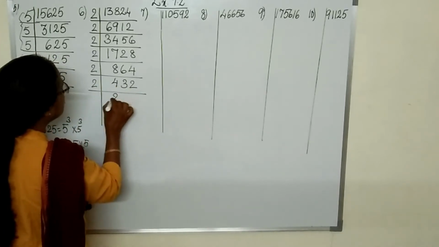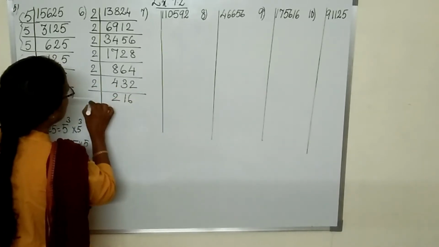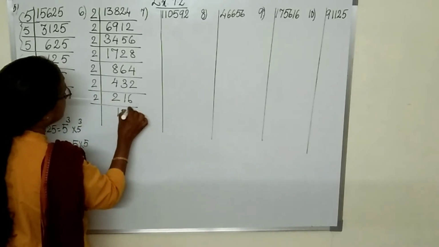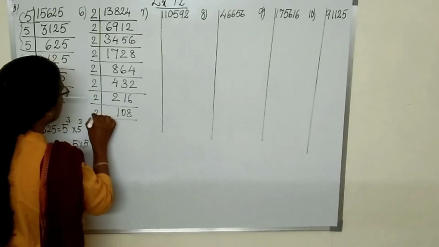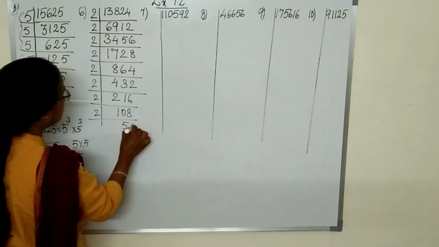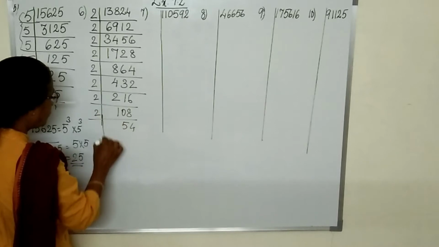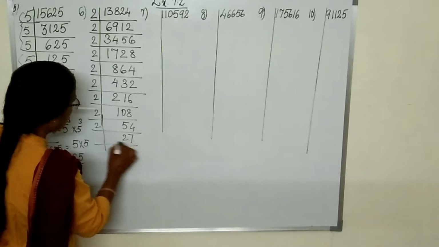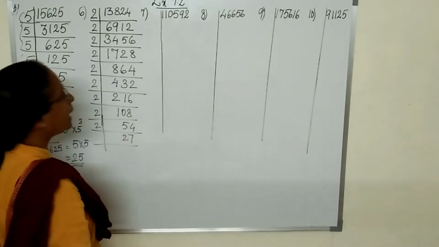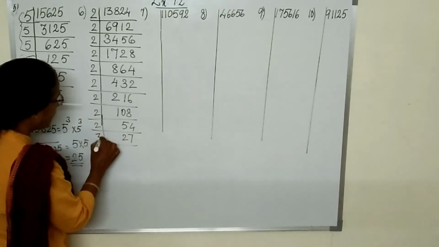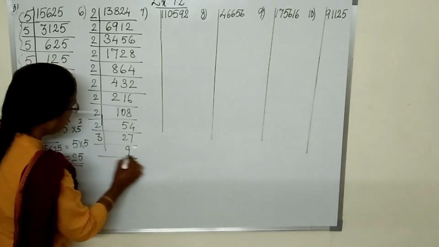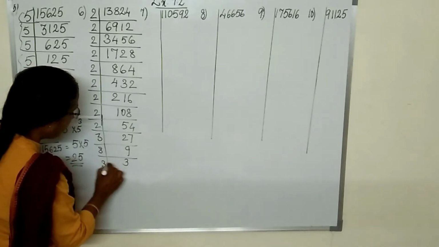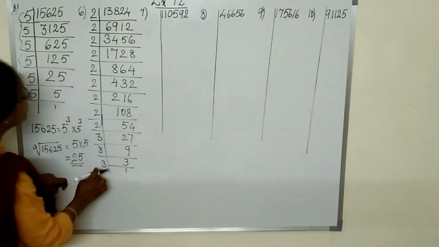By 2, 216. Again by 2, 108, 54, 27. Now it is not divisible by 2. So let us divide by 3, 9, again by 3, again by 3.